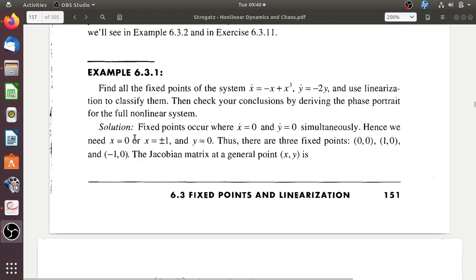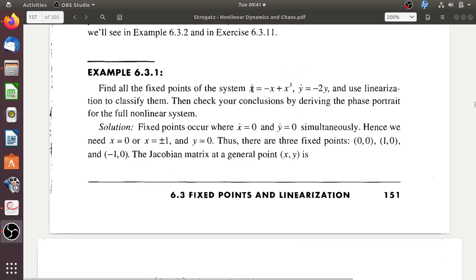Now at a fixed point, x dot has to vanish and y dot has to vanish. The interesting fact about this system is it's an uncoupled system. So it doesn't matter what happened to y because of the change in x. x will not affect the change in y, and y will not affect the change in x.